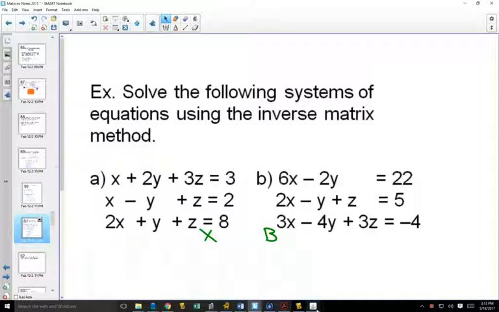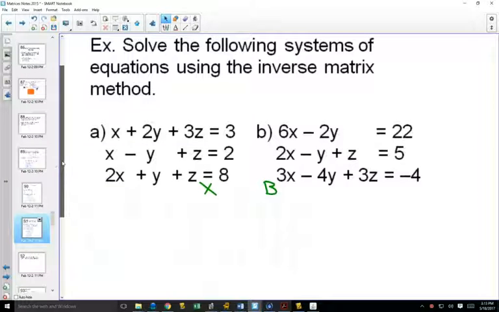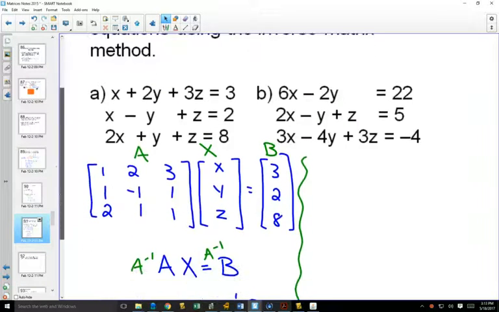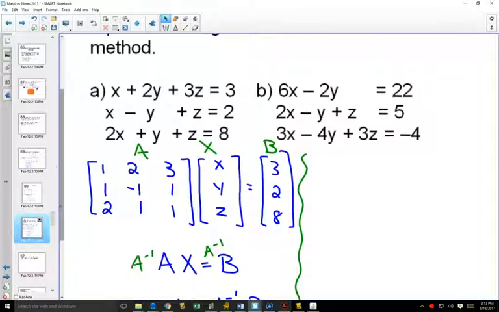So now what we're going to do to solve our 3 by 3 system of equations is we're going to take our coefficients, make a coefficients matrix, and then create an answers matrix and a variables matrix, plug things into our calculator, and solve.